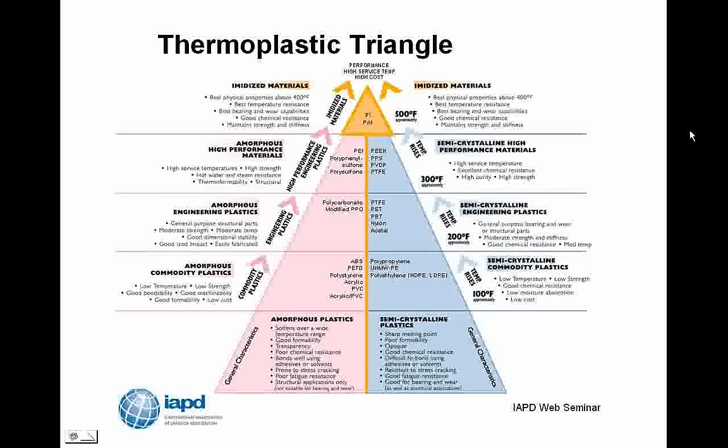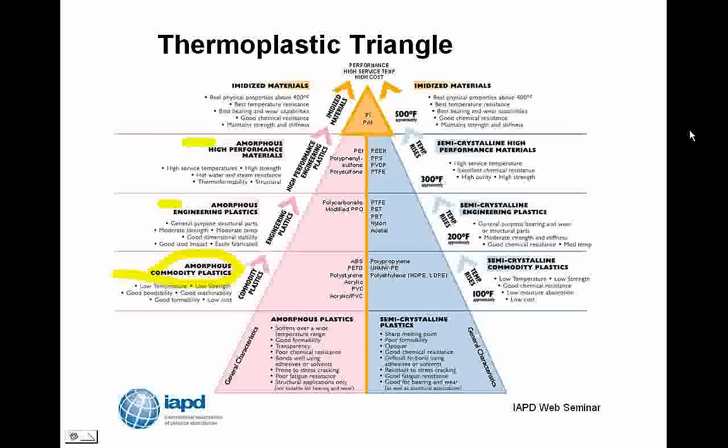I'm going to try my highlighter here and say we've got this divided now into six different families of plastics. I have the commodity plastics at the bottom, and these are the amorphous commodities. Moving up the scale, I have amorphous engineering plastics. And moving further up the scale in cost and temperature and performance, I have amorphous high-performance materials.